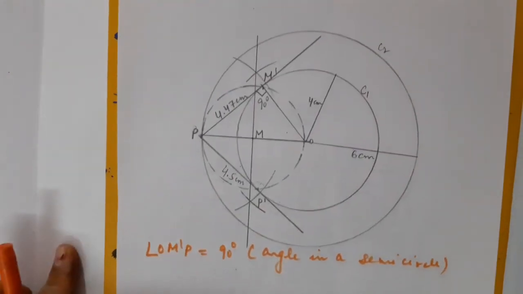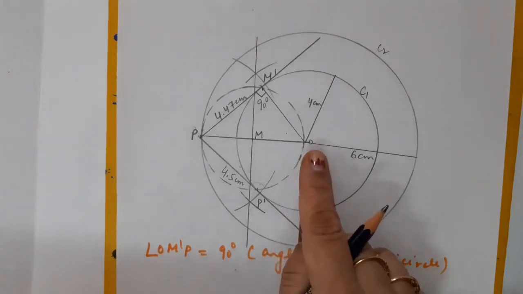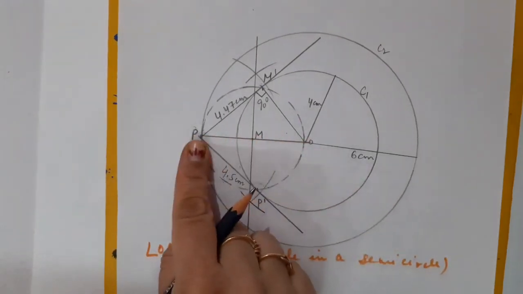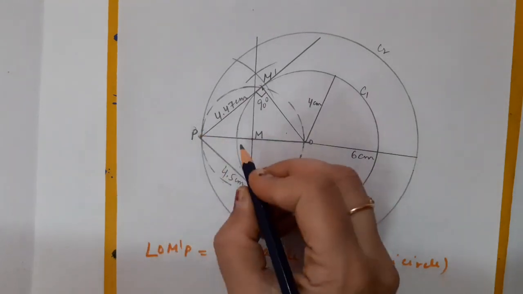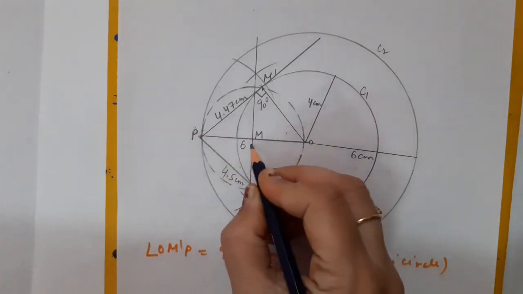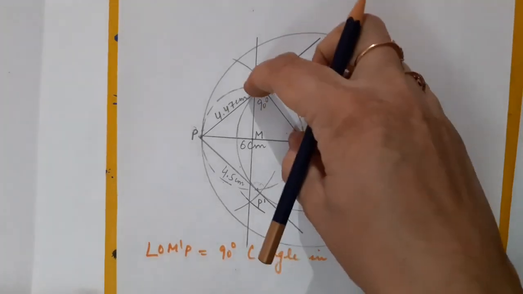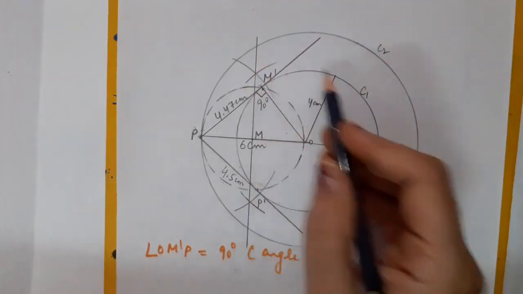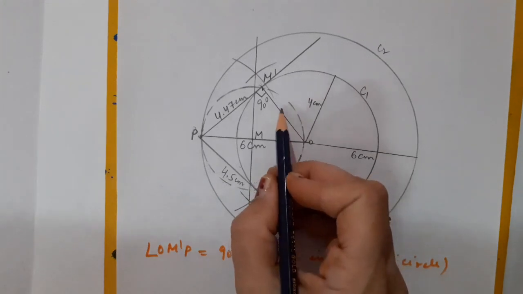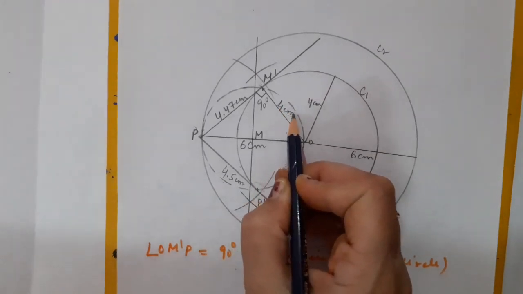Children, here you can observe that OP is the radius of the bigger circle, that is C2, so this is equal to 6 centimeter, and this part OM dash is the radius of the smaller circle, that is C1, which is equal to 4 centimeter.